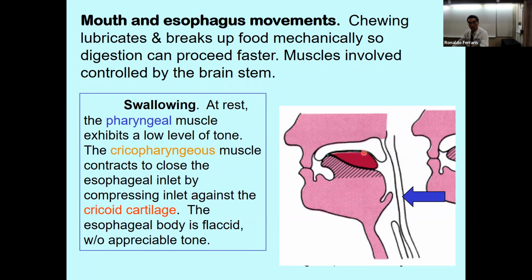This is your mouth, your oral cavity, this is your pharynx region, and this is the pharyngeal muscle represented here by blue. The yellow is your esophageal inlet, and this is the cricopharyngeus muscle that closes this inlet tightly against the cricoid cartilage shown here.